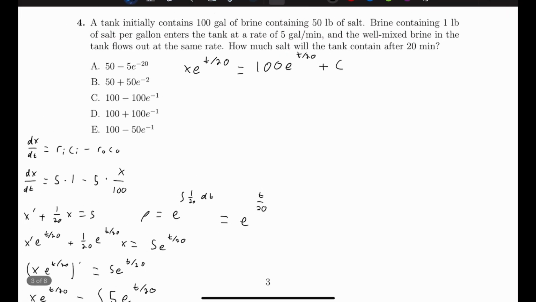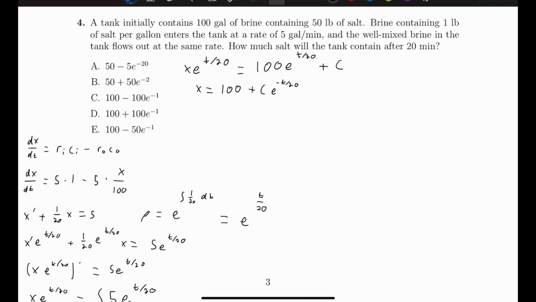And then remember your plus c. We can go ahead and isolate x by multiplying both sides by e to the negative t over 20. So that'll get us x equals 100, those terms cancel out, so 100 plus c e to the t over 20. Sorry, that should be negative t over 20.